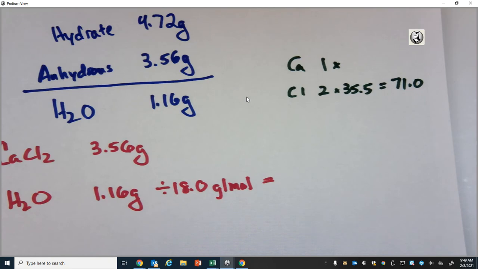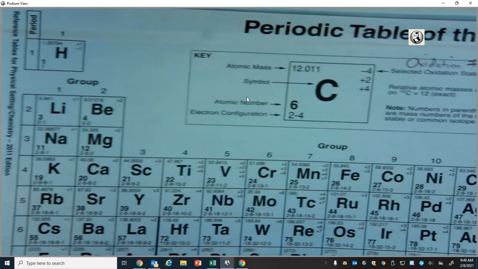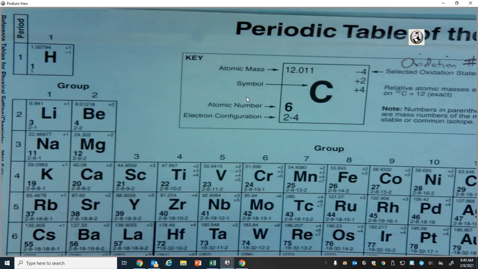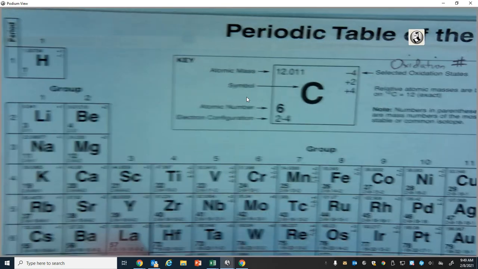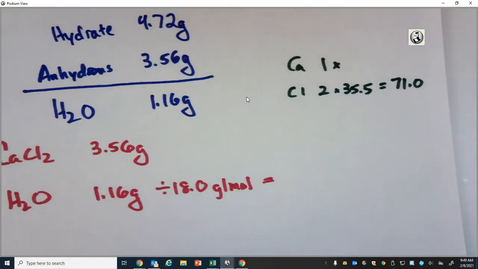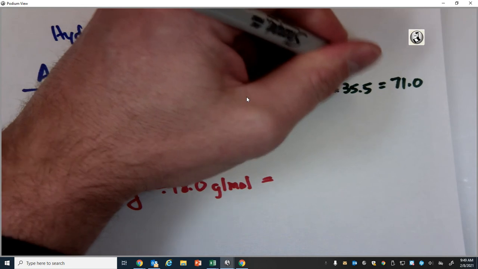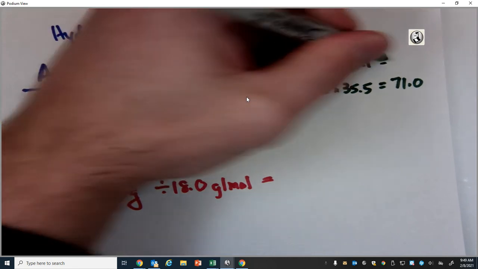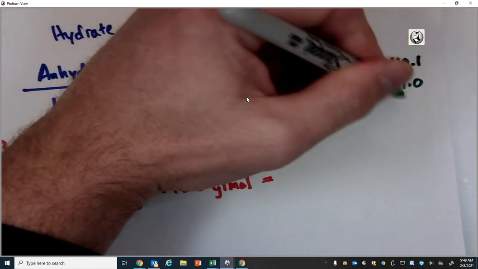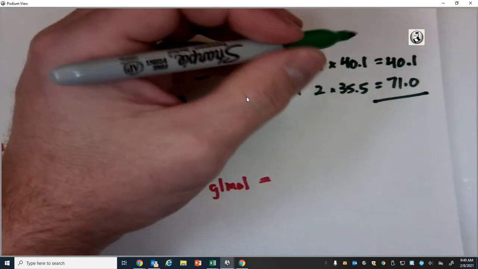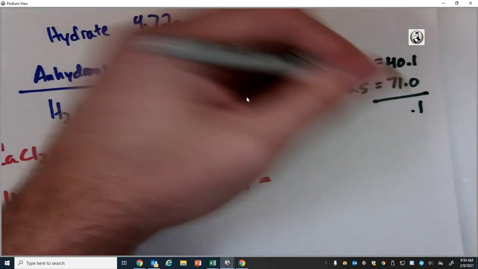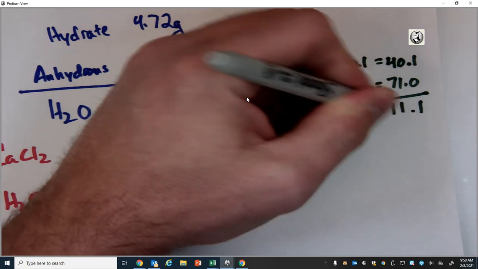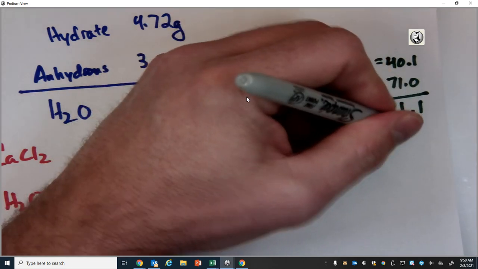Calcium, I have to look up on the reference tables. You can see right there, calcium is 40.08, but rounded to the tenth, calcium is 40.1 grams. You can add these up or use your calculator. Because everything's lined up, I'm just going to add them up, and that's 111.1 grams per mole.